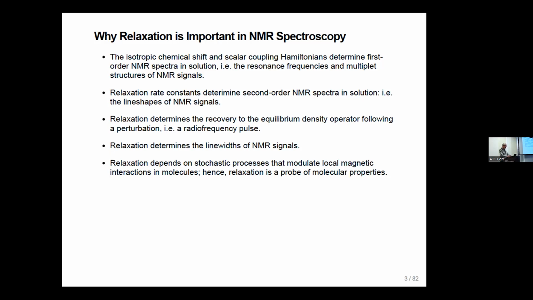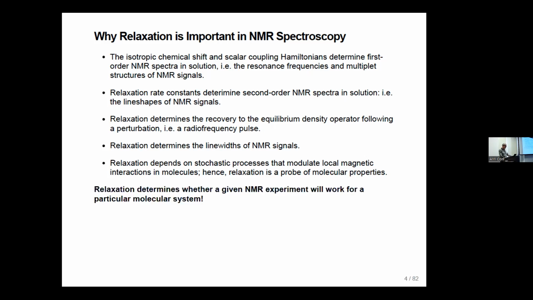And of course, for those of us interested in dynamics of molecules, we'll see that the dynamics of the molecules are what determine relaxation rate constants. So if we can measure relaxation rate constants, we can hope to learn something about dynamics of molecules.